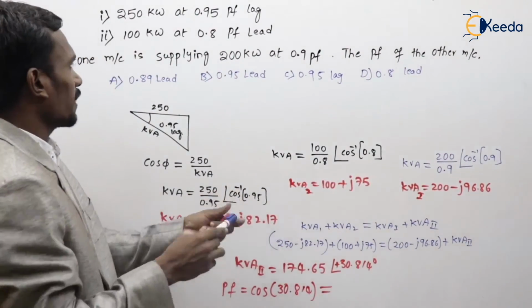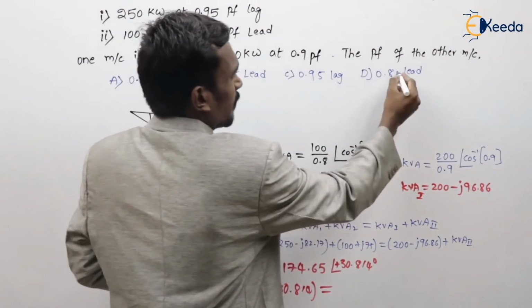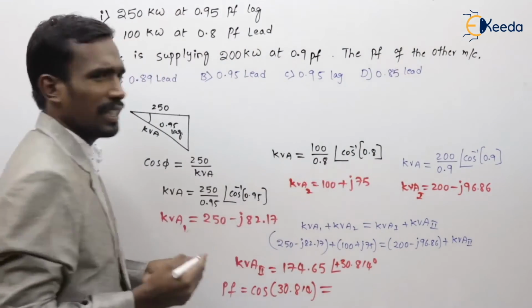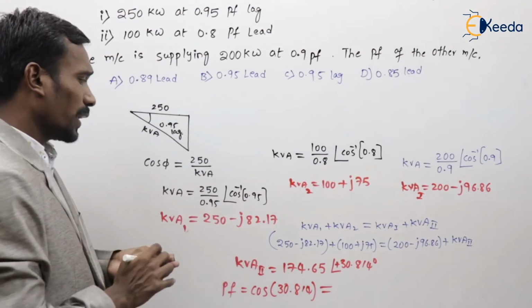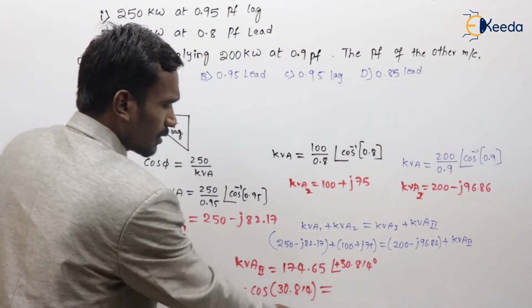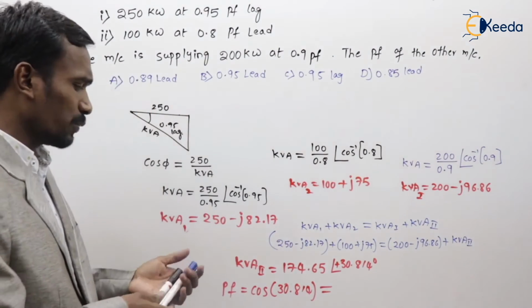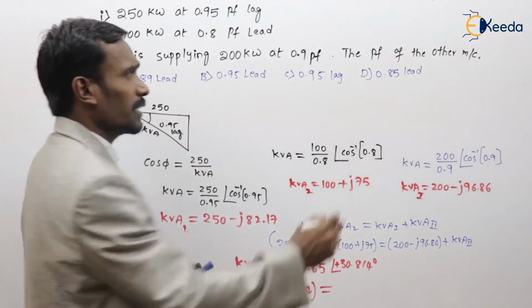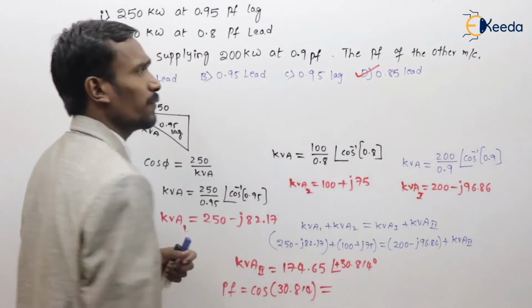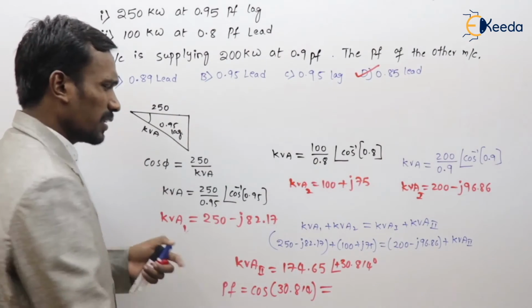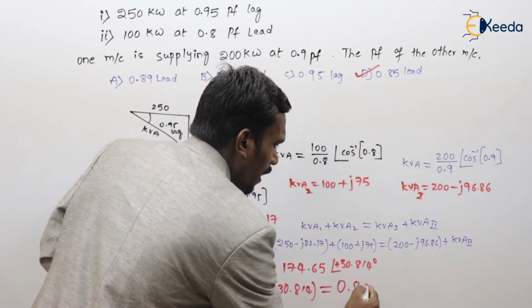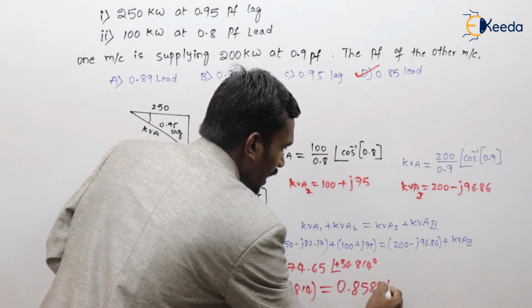One is 0.89 leading and another one is 0.85 leading. So what do you get? If you calculate cos of 30.814, then you can get around 0.85 leading, or this exact value 0.8588 leading.